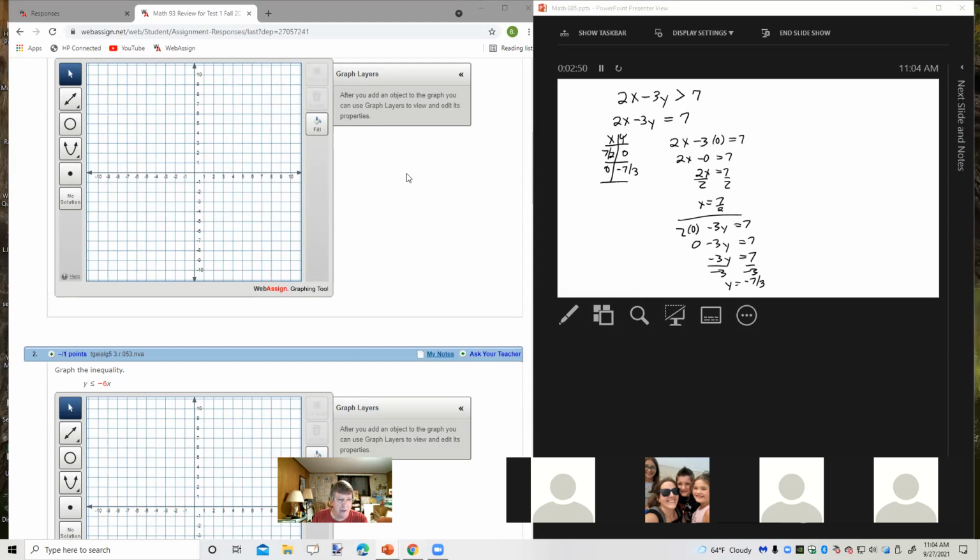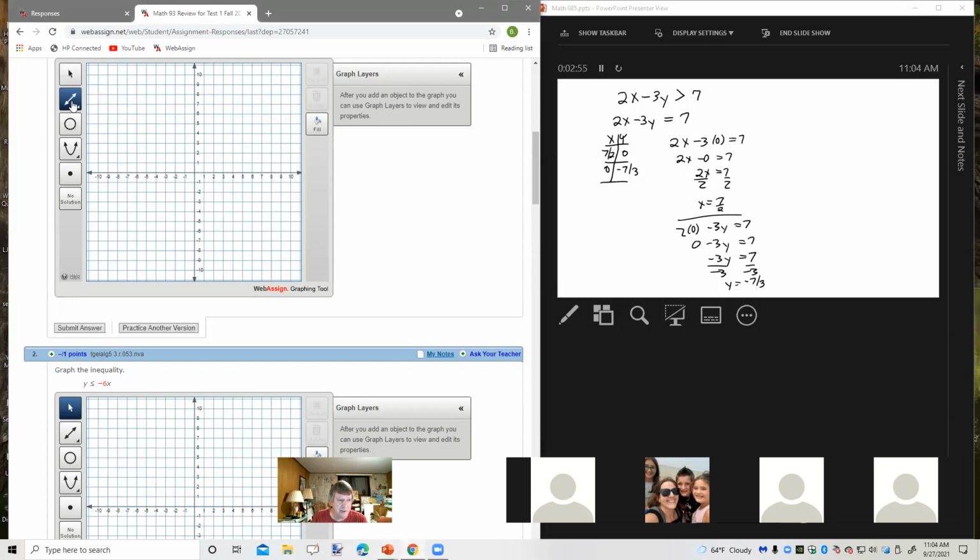Come over here. Click on this until it turns blue. 7 halves is about 3.5, but when I click on it, notice how it always goes to the nearest integer value. Negative 7/3 would be negative 2 2/3, so right about there.